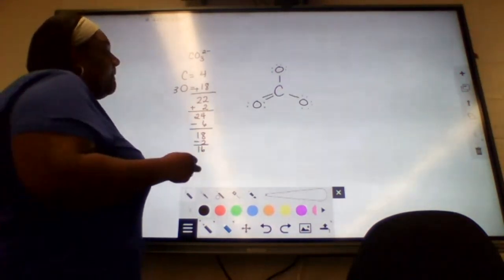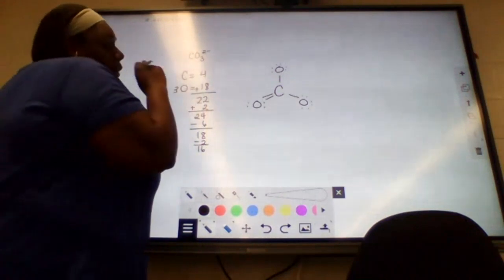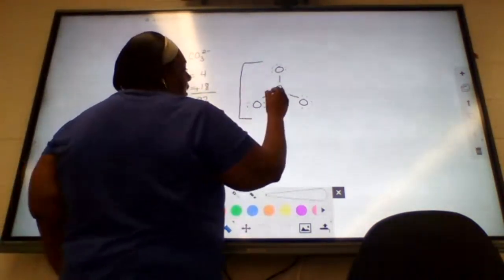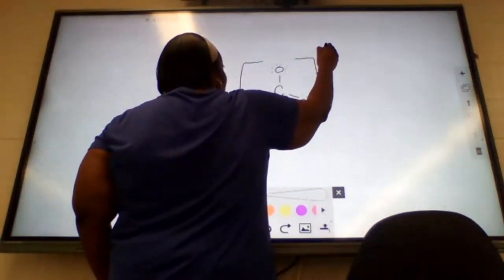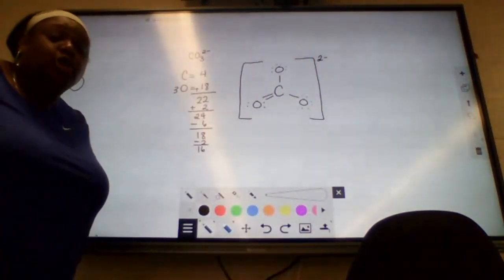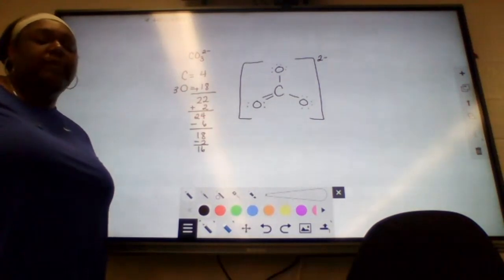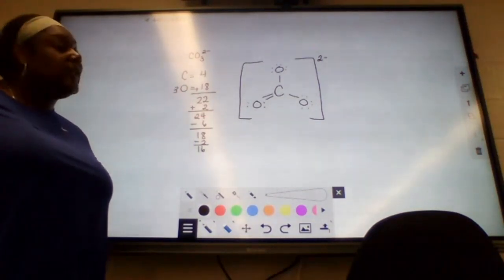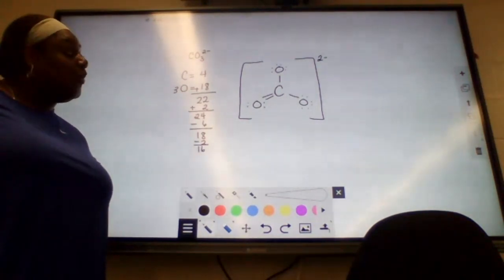And that difference is because I added electrons, because this had a charge, when you draw your structure, once you've completed it, you have to put it in brackets and you have to put the oxidation number outside the brackets. Now, on your homework, you can't do the brackets. So please make sure you tune into the Collaborate video so that you will understand how you need to properly draw those Lewis structures on your homework assignment.